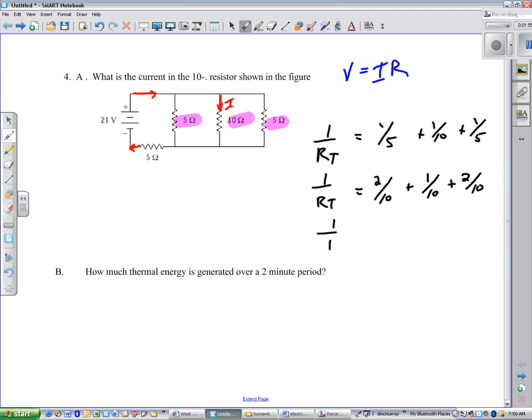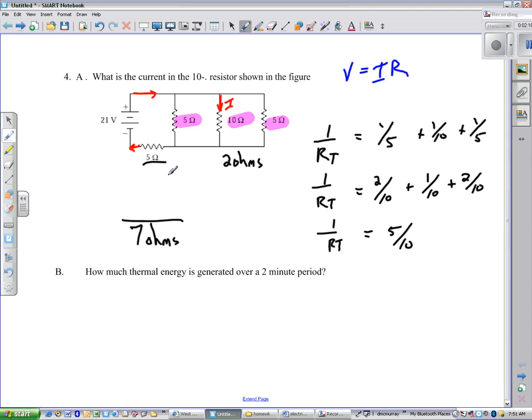And I get 1 over RT equals 5/10. To solve for the answer, we have to take the reciprocal of this. So the equivalent resistance of the three of those is 2 ohms. Now we have to add to that the 5 ohms that are in series with it. So we have a total of 7 ohms.